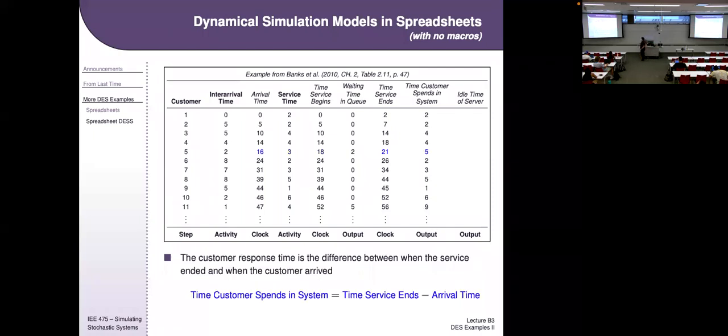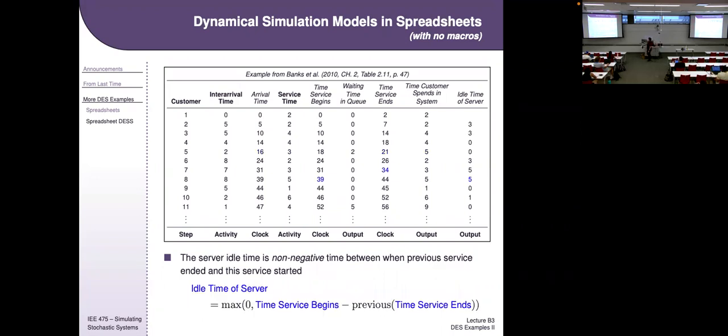So the only other two columns I have to worry about is how long does the customer spend in the system? Well, for every customer, the time you spend in system is just the time they leave the system minus the time they arrive in the system. And then finally, this one wasn't in the main table, but I decided to calculate it anyway, since that's what Moorcroft did in his example, which is the idle time of the server. If you think about it, in every single row, you can ask how long was the server idle before the customer arrived?